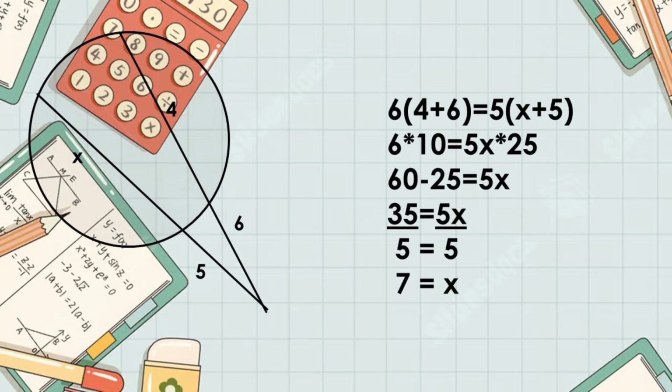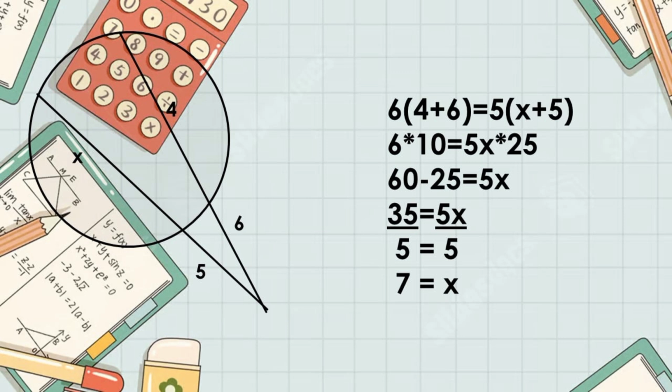So it is negative: 60 minus 25 equals 35, equals 5x. Then 5x divided by 5 equals 35 divided by 5. So the answer is 7 equals x. That's all for secant segments.